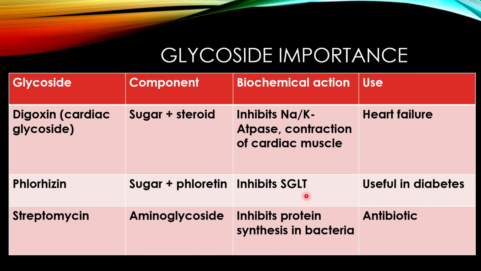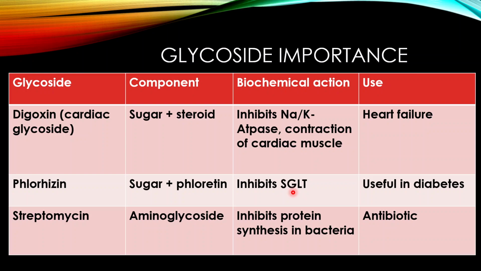So when there is inhibition of sodium glucose linked transporters, the absorption of the sugar we are taking into the system is inhibited, so the blood glucose levels decrease. Also in the kidney, normally there is reabsorption of sodium and glucose.